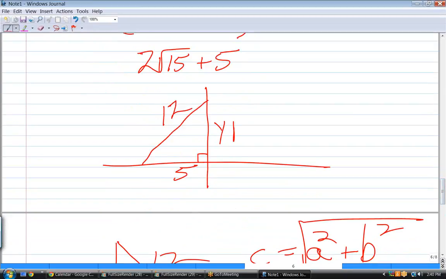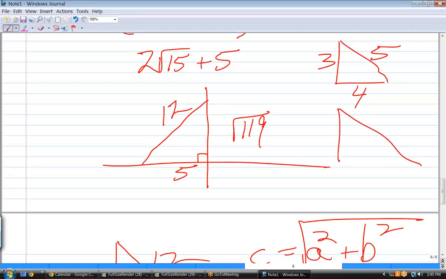Square root of 119. Now, the reason I said they try to trick you is because they want you to memorize the two perfect Pythagorean triangles. 3, 4, 5, and what's the next one? 5, 12, 13.